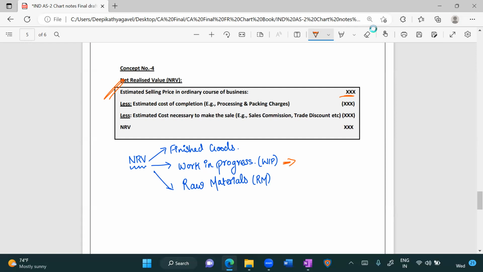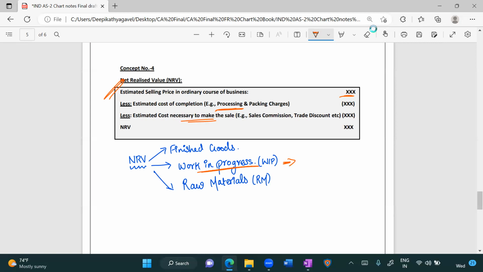You will take the selling price of the finished goods and deduct the cost of completion, however much more work is to be completed. That's what I've given in this combined formula. And from that, you will deduct the estimated cost which is necessary to make the sale.